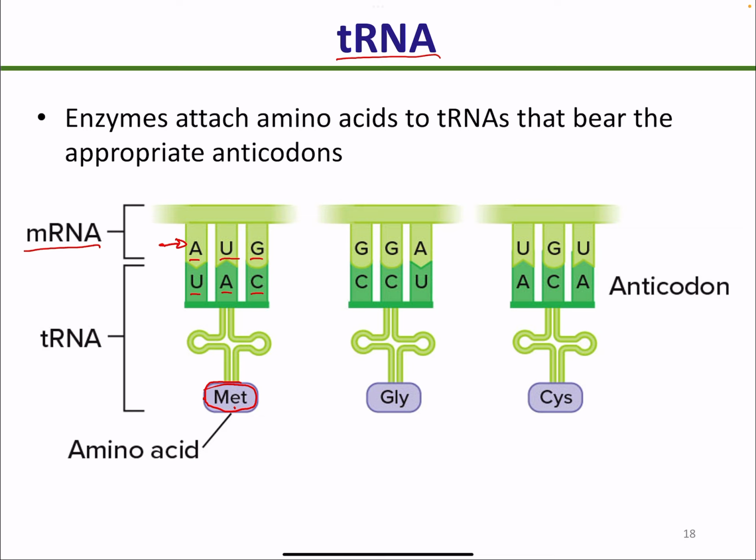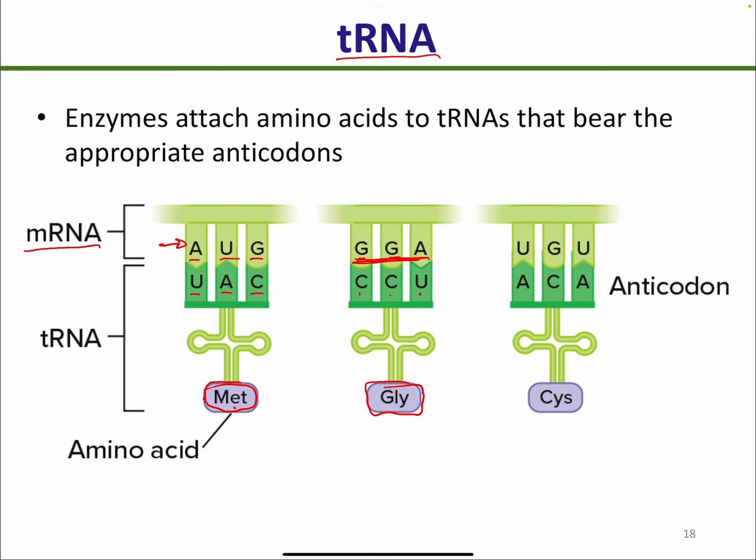Likewise, the equivalent amino acid for GGA in the messenger RNA is going to be glycine right here. All right? Now, that glycine is carried by a transfer RNA with an anticodon that is complementary to this sequence, right? And that anticodon will be CCU. Hopefully you understand the concept, right?